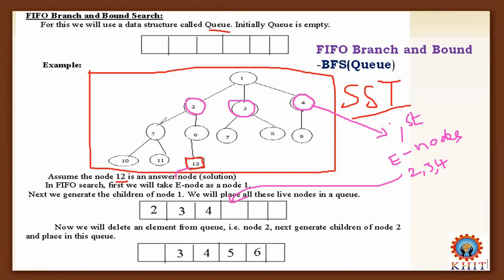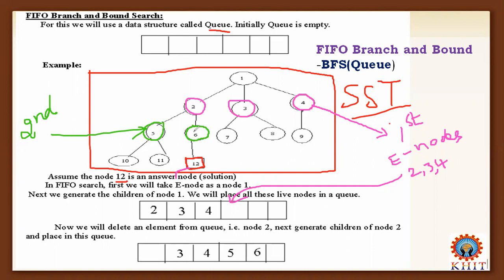And next, in the second iteration, 2 more E nodes are to be generated, namely node 5 and node 6.